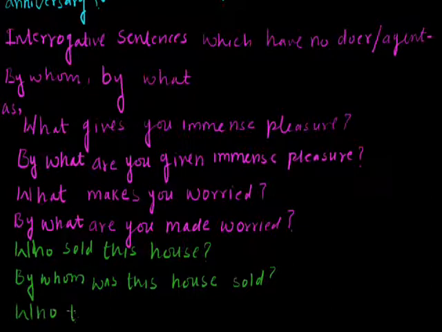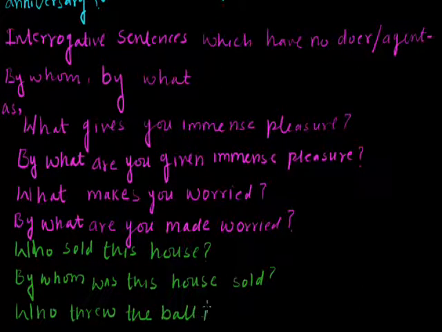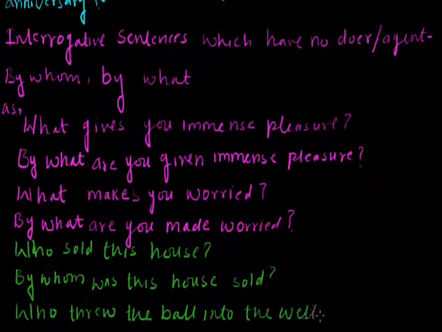Let's take one more example. Who threw the ball into the well? In this sentence also there is no doer or agent. Okay, and so when we will make the passive voice of this sentence, we will simply write by whom in the beginning, and then add the helping verb, and then write the object.